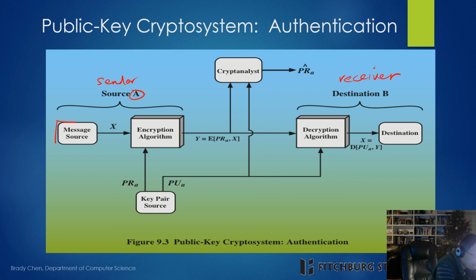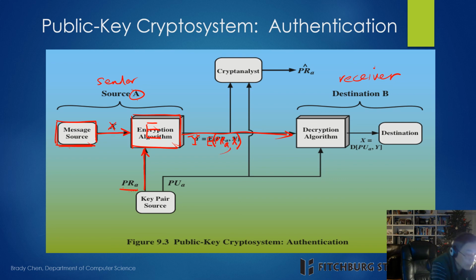If the sender wants to send a message to the receiver, the sender can use the encryption algorithm and mix the plain text X with the private key of the sender, in this case A, PRA. That's the private key of the sender A, and then generate the ciphertext Y.